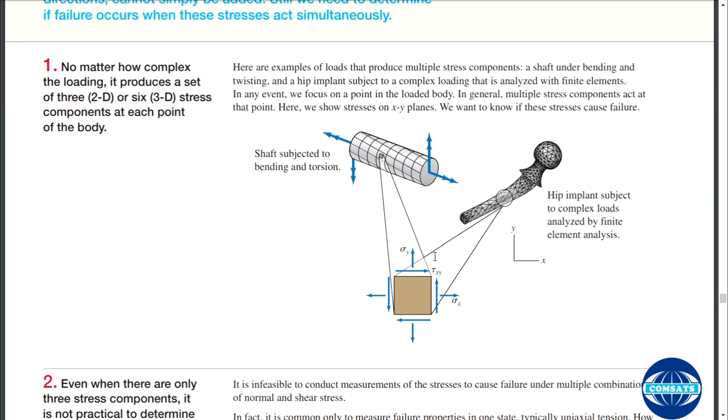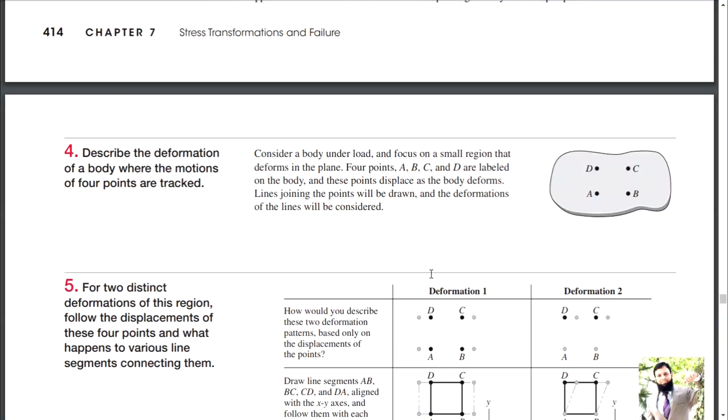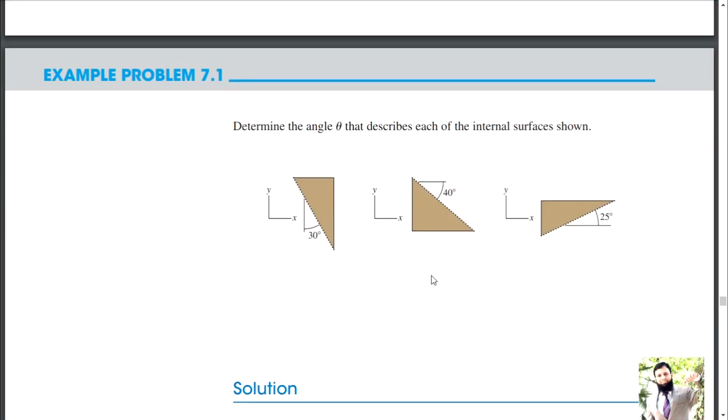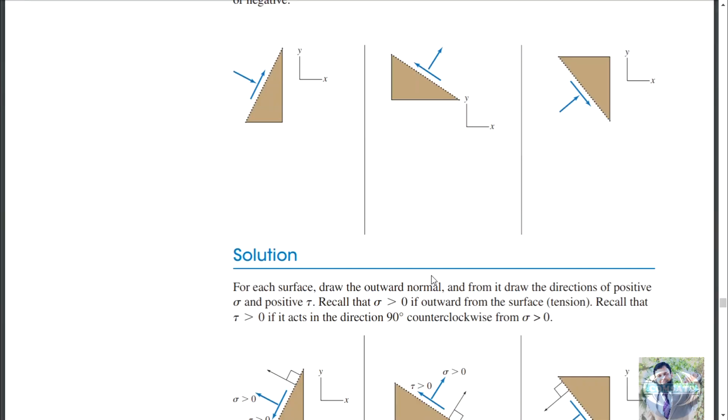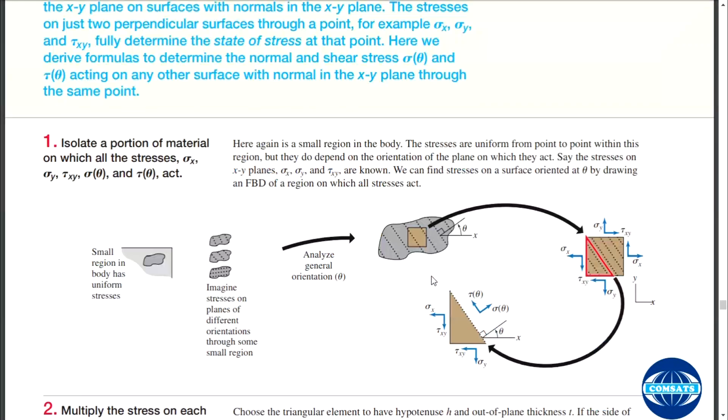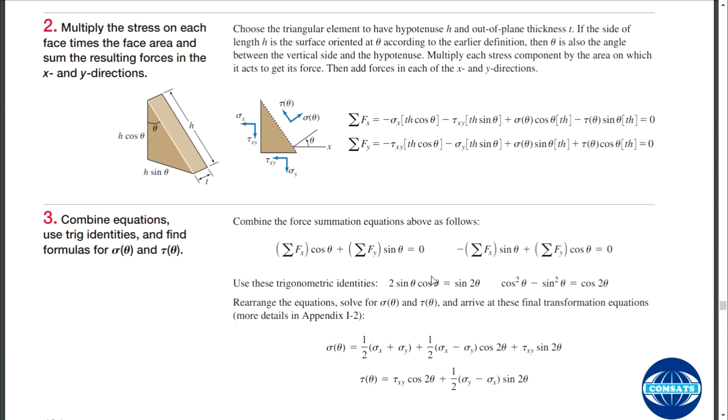So what is the effect of stress block transformation? You orient it at different angles. So the effect of orientation on these direct stresses and shear stresses we calculated, and we came to know that these were our stress transformation equations.